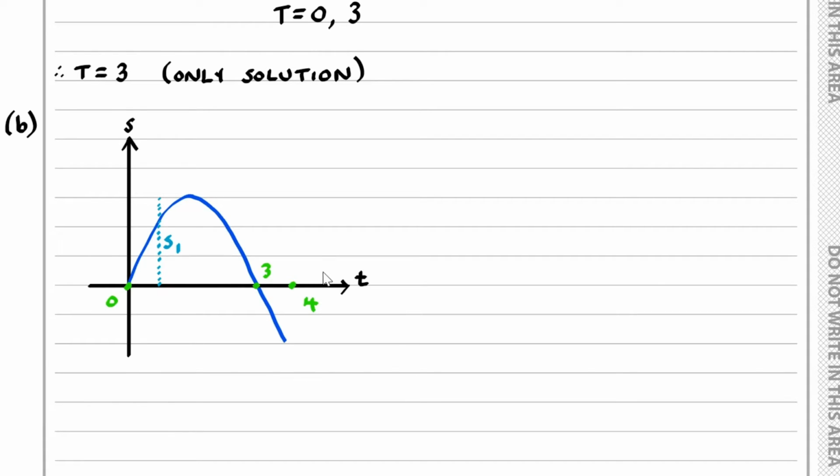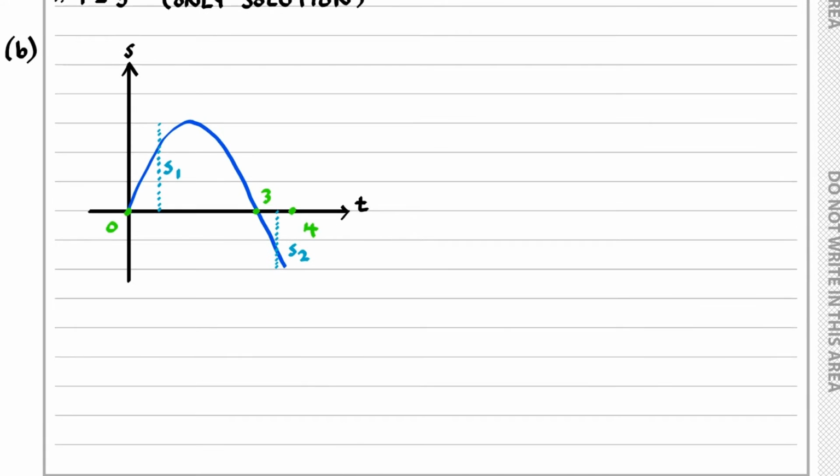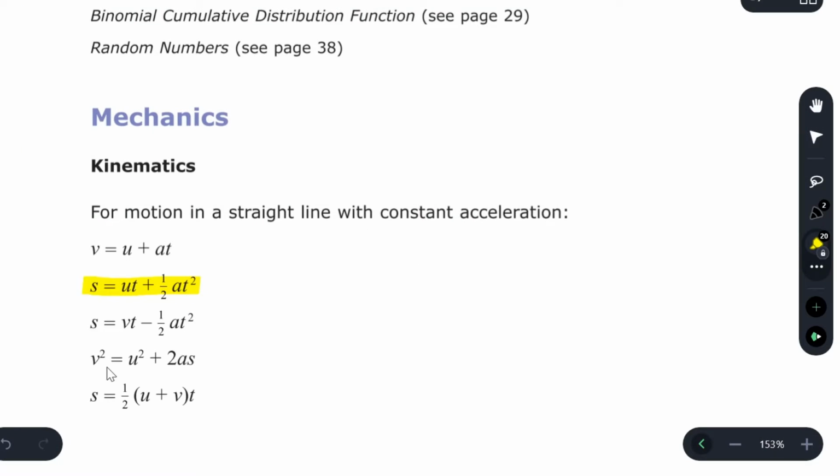And then we've got the distance between 3 and 4 seconds. We'll call this S2. Now, what we can do is find out what S1 is by using the SUVATs. If we go to the formula book, we can use v squared equals u squared plus 2as.